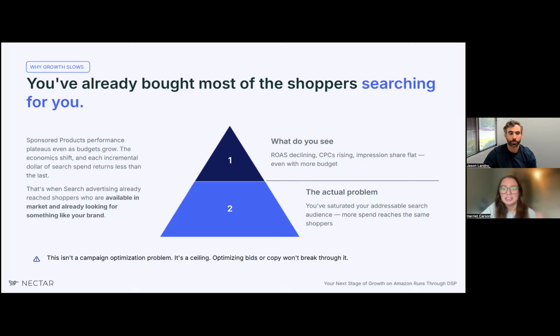You can't really continue optimizing efficiently. At that point, the challenge isn't campaign execution, it's audience expansion. The next customer probably isn't searching yet. So that's where you really need to go to DSP and leverage all of the tools available to you to drive users to either discover your brand or come onto Amazon to eventually purchase.